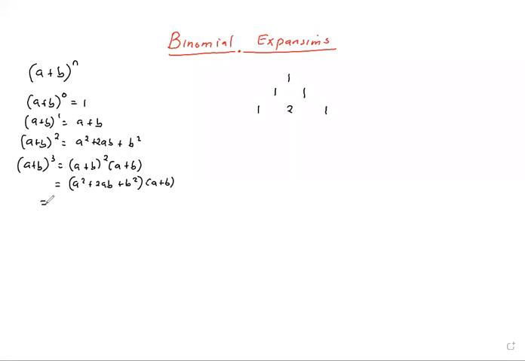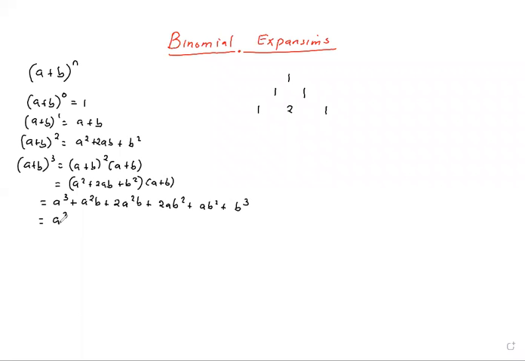A squared times A, we get A cubed, plus A squared times B, we get A squared B, plus 2AB times A, we get 2A squared B, plus 2AB times B, we get 2AB squared, plus B squared times A, we get AB squared, plus B squared times B, we get B cubed.